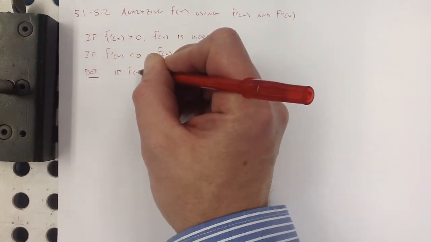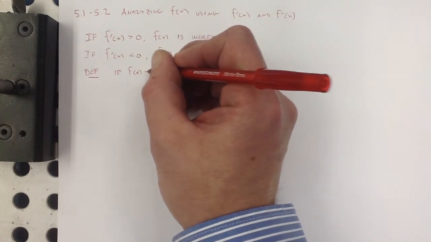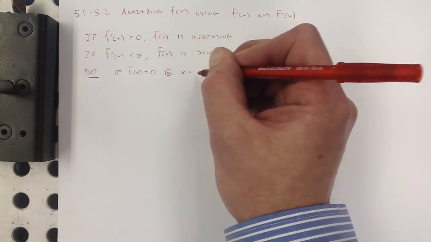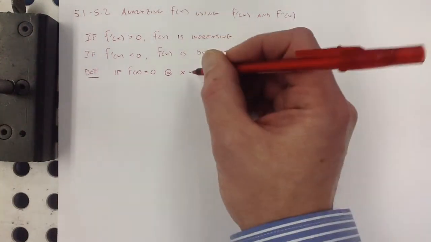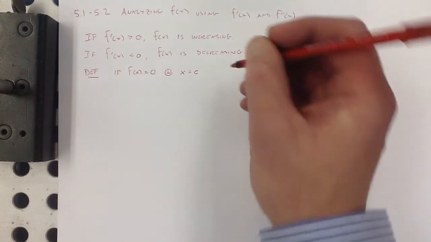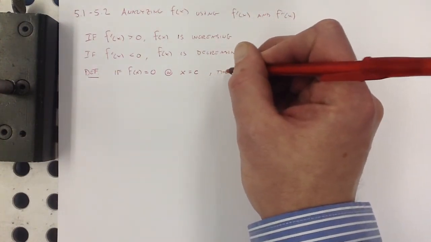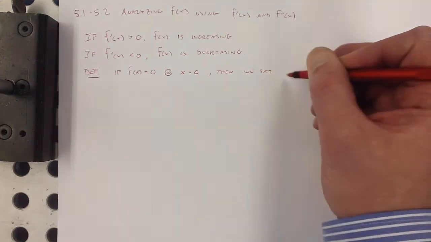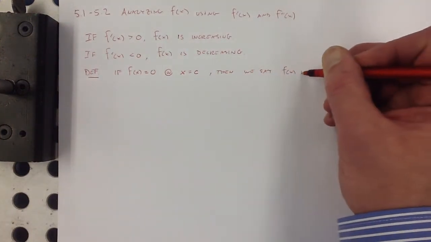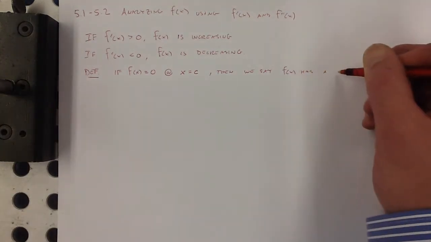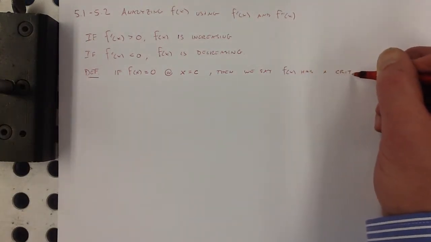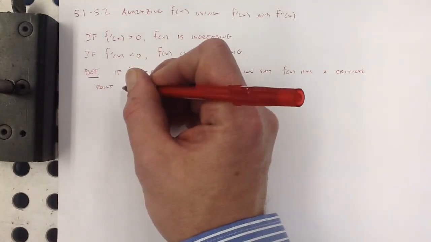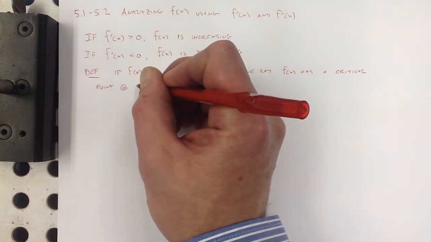If f prime of x is equal to 0 for some value x equals c, then we say f of x has a critical point at x equals c.